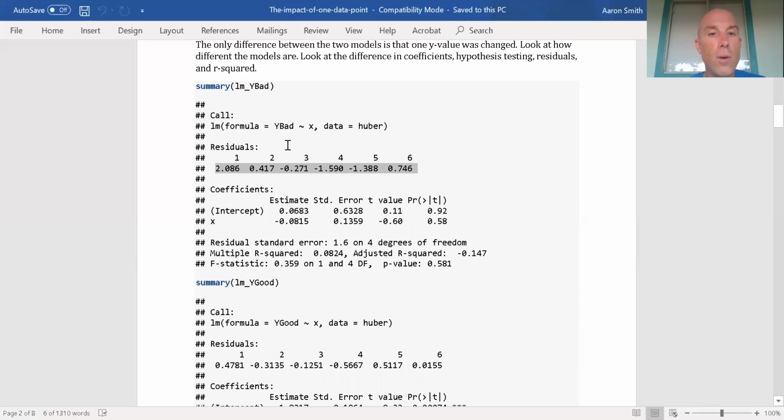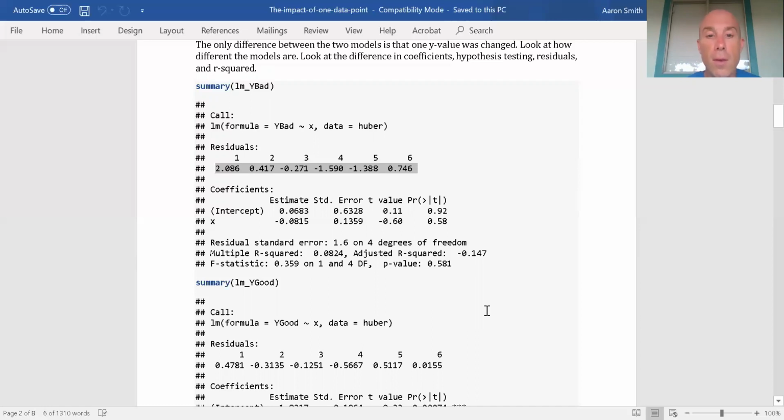What is it when we look at good? Instead of 2, we have 0.5. Instead of 0.4, we have 0.3. Instead of 0.3, we have 0.1. Negative 1.6, and then 0.6. So we can see that generally the residuals are smaller in the good version.